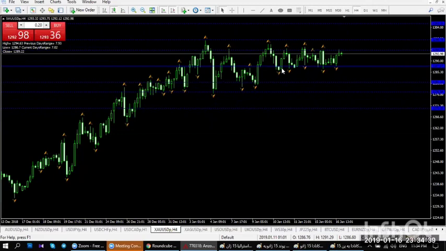And the vice versa is correct too. If it touches the bottom lines, it means that it's gradually moving downward and we're having a descending trend.